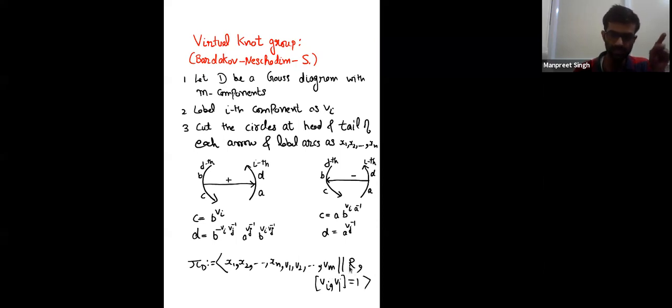And we add some relations. For each arrow we add two relations. These are portions of the gauss diagram: this arc belongs to the ith circle, and this arc belongs to the jth circle, and we label them as b, c, a and d, and we add two relations for each arrow. Similarly, if the arrow is negative, we add these kinds of relations. Additionally we add more relations, since we want vi and vj to commute for each i and j.